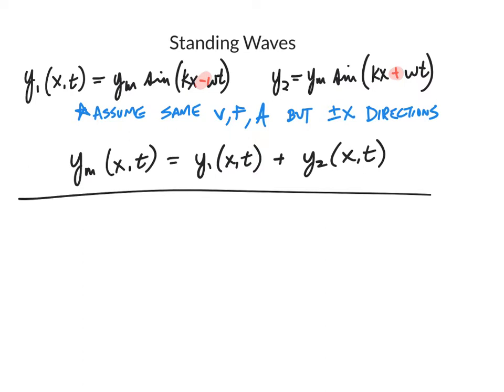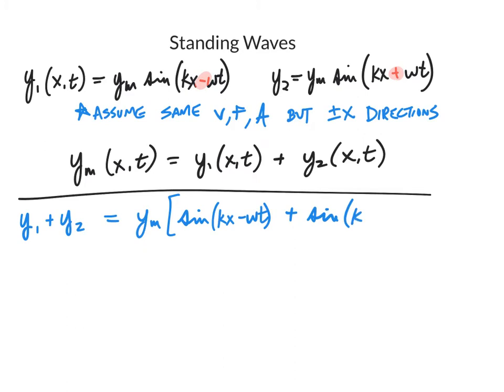And so adding y1 and y2 would have that similar thing that we saw a little bit ago. You're going to have sine kx minus omega t plus sine kx plus omega t, because of the way we set this up in our case.